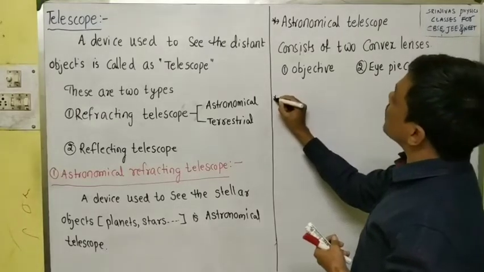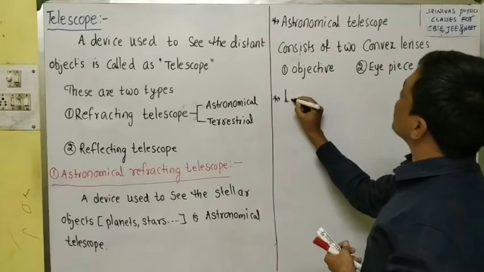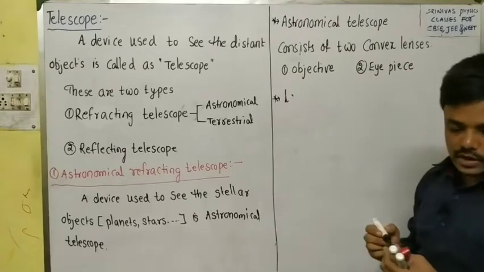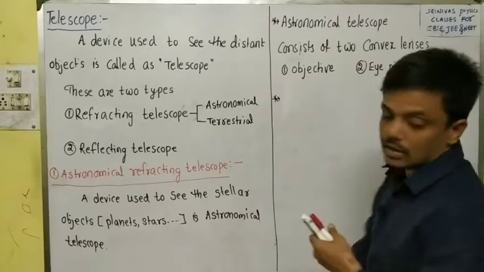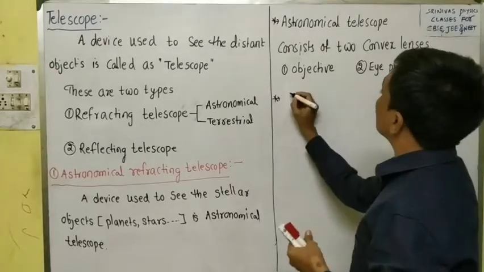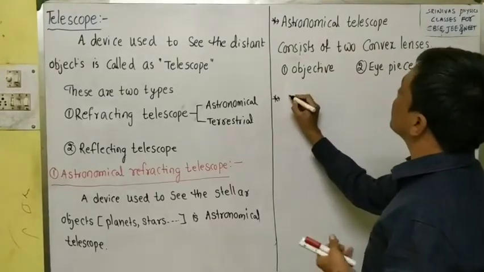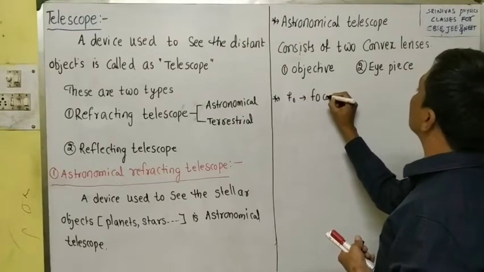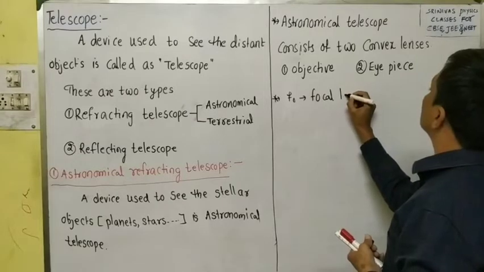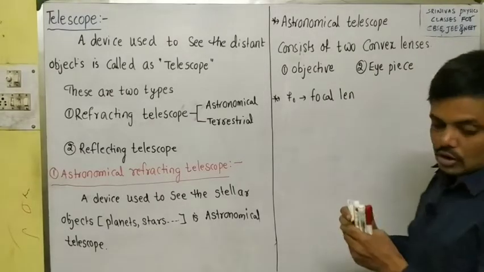In order to get a large magnification, the focal length of the objective must be greater than the focal length of the eyepiece. We can consider F_O as the focal length of the objective.